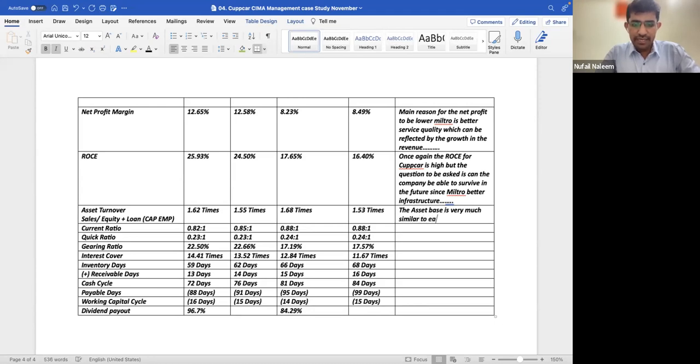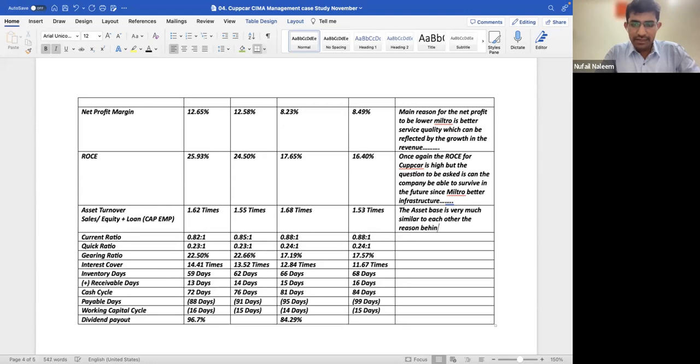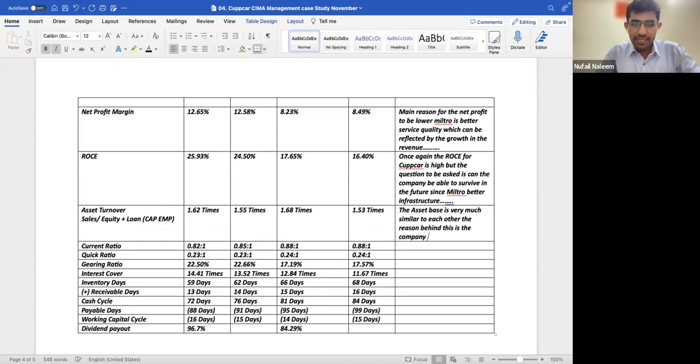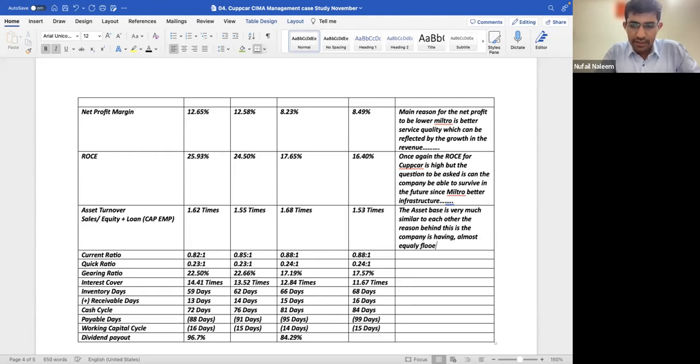The reason behind this is the company is having almost equal flow area despite the size of dealership.